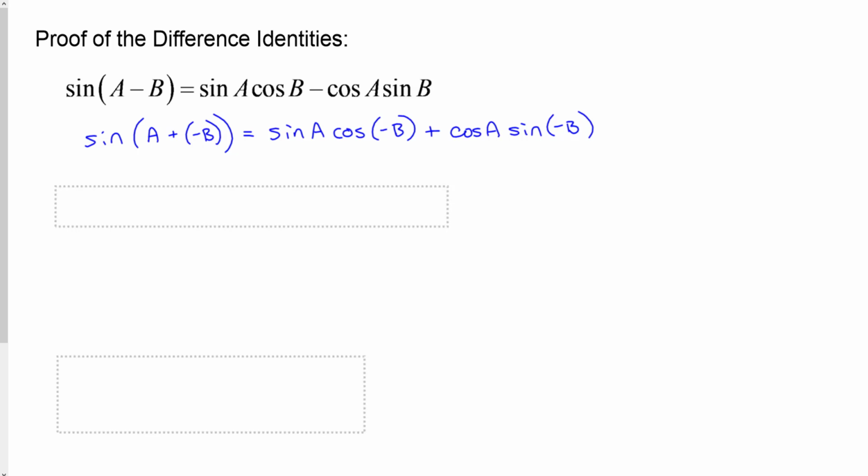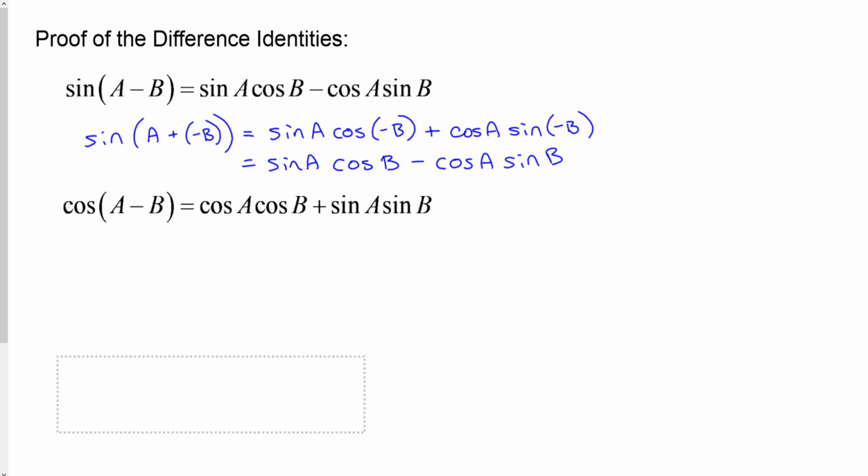Well, we've learned the negative angle identities, and the cosine of a negative angle is the same as the cosine of a positive angle. So that turns out to be sine A cosine B. Sine of a negative angle results in changing the sign, so we have a negative cosine A sine B. And the argument is the same for any of the remaining ones.